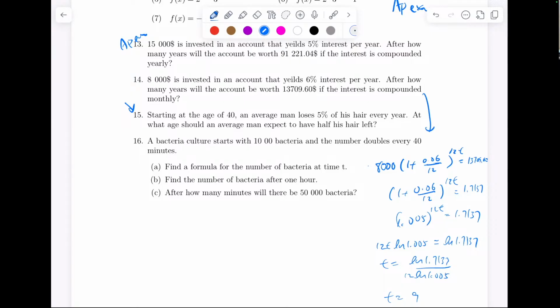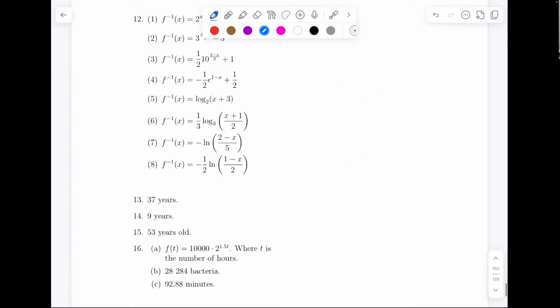Or is that C? I don't know. I want you guys to try it. I already told you to.